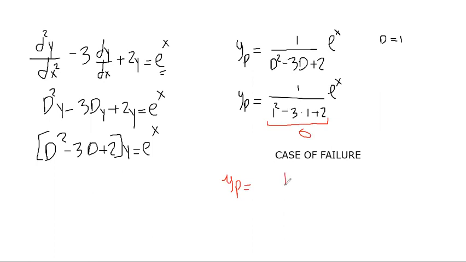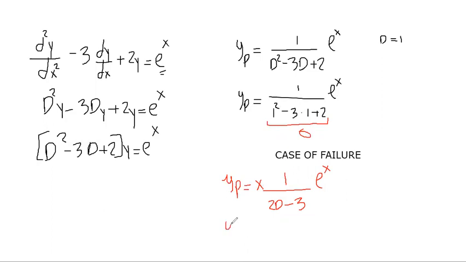So we're going to have 1 over, differentiate this, you drop down the power. So it's going to be 2d minus 3. And we're going to have e to the x still. And then we're going to multiply by an x. So I'm just going to put an x here. So all you do, if you have a case of failure, you differentiate the denominator, write back whatever this is, and then multiply it by an x, right?